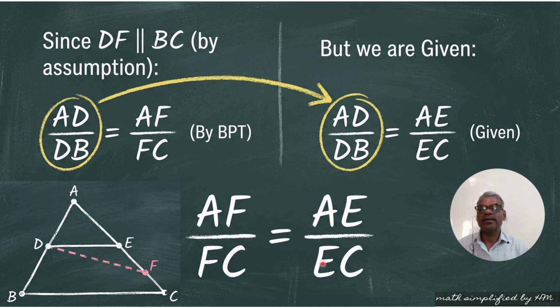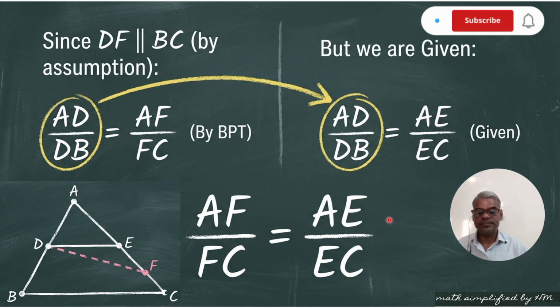Now see that F and E are lying on the side AC. So if we prove that AF is equal to AE or FC is equal to EC, then we conclude that E and F coincide with each other.